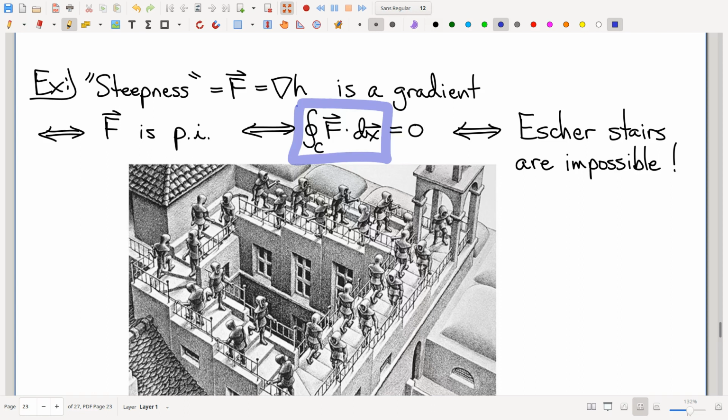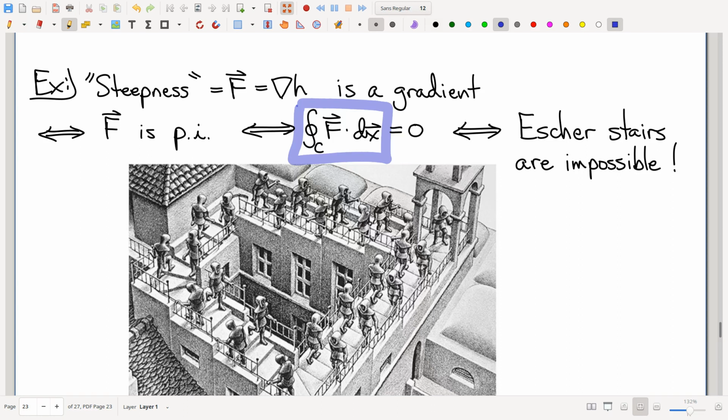Well, F is a gradient, dx is a displacement. Each term in the summation, F dot dx, represents an altitude gain. We're adding up all those altitude gains. So the theorem tells us that the sum of our altitude gains has to be zero.